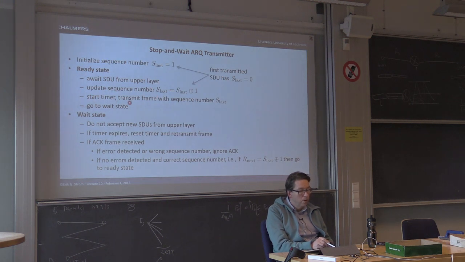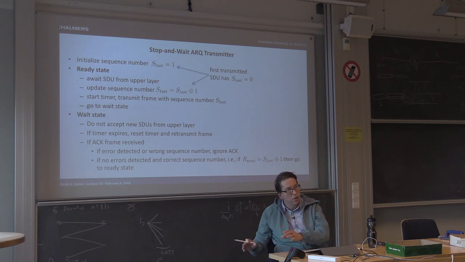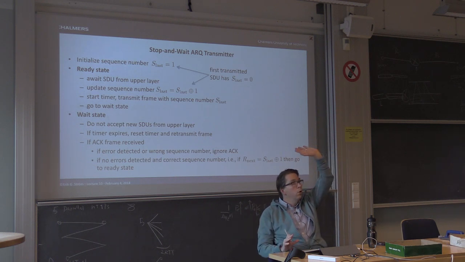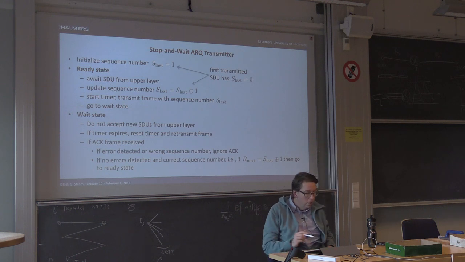We start a timer, we transmit the frame with sequence number S last, and then we go to the wait state. And in the wait state, we block the upper layer. So if I'm the transmitter and just transmitted a service data unit, I tell the layer above me, I'm busy, don't disturb me. I won't accept any more service data units from you until I have made sure that this one has been delivered. So I block the upper layer.